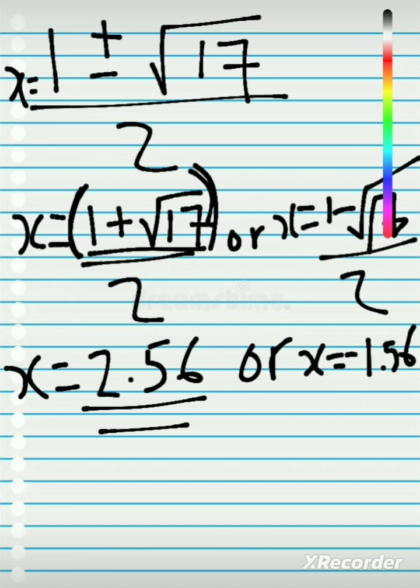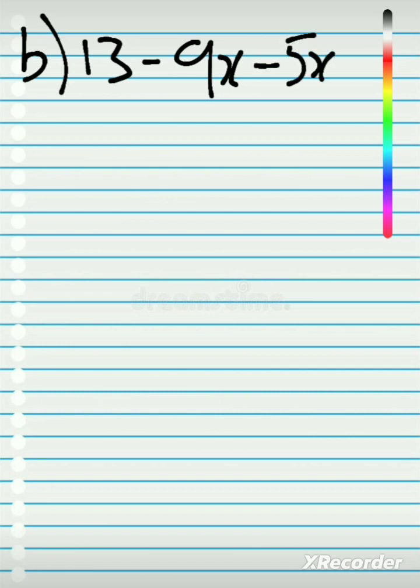So that's the answer. We go to the second one, B, which says 13 minus 9x minus 5x squared equals 0. Again, you rearrange so that it is in the standard form.